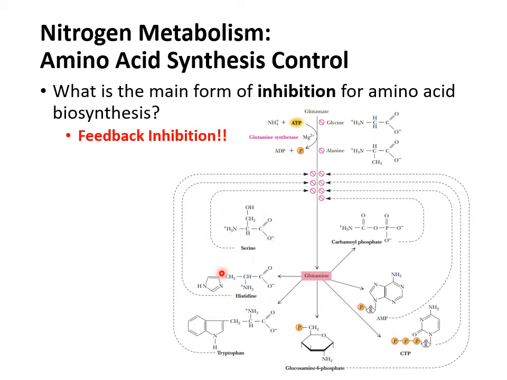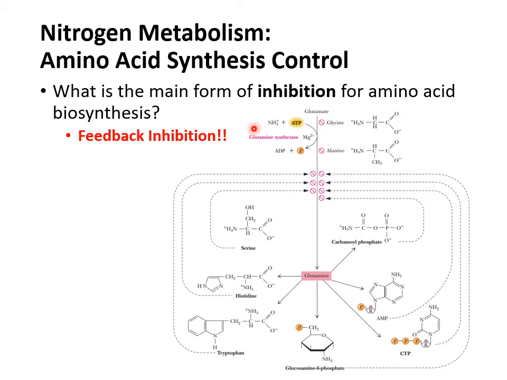So serine, histidine, tryptophan, glucosamine 6-phosphate, CTP, AMP, carbamoyl phosphate, alanine, and glycine are all working as allosteric inhibitors to this glutamine synthase pathway. Okay. And that's an enzyme that's very important in amino acid synthesis, which you'll see a little bit later on.